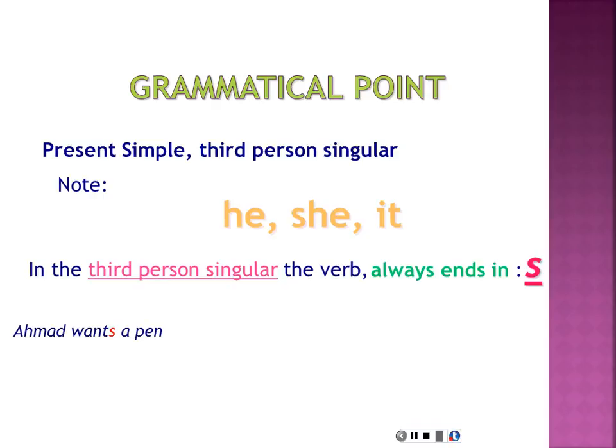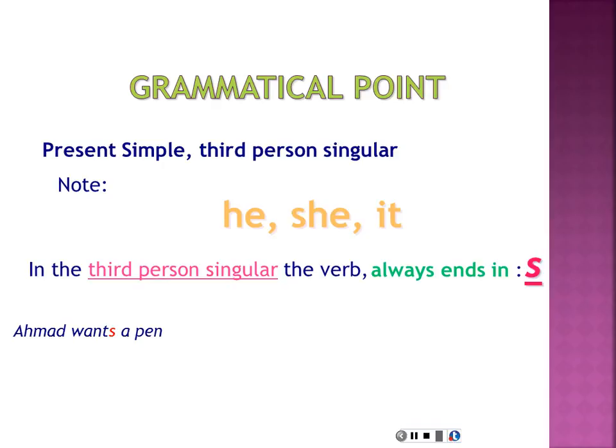So, for example, Ahmed wants a pen. This is the first example. As you can see, Ahmed is a singular, one person, and he is third person because he is not here. Third person, person number 3, هو غائب, غير موجود. Ahmed wants a pen.